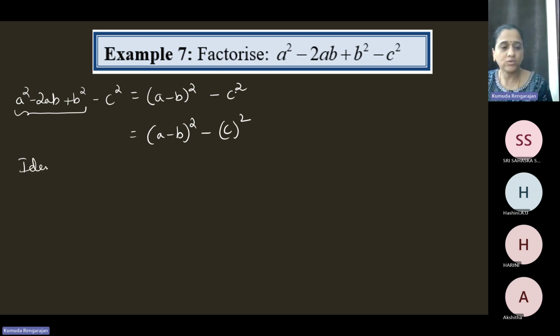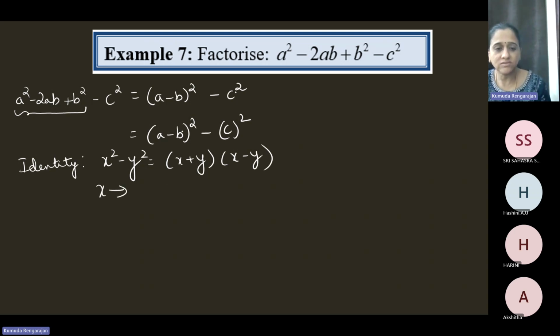So the identity which you can use to factorize this is x squared minus y squared is equal to x plus y into x minus y, where x is, see here, this is x square, cover the square, meaning don't read the square. So the remaining thing is x.